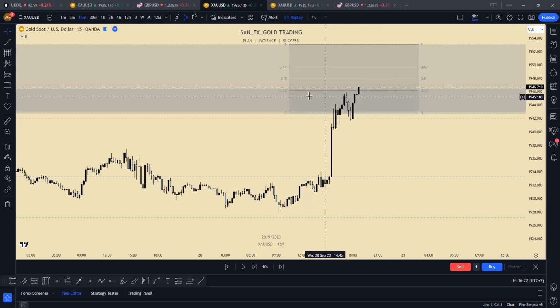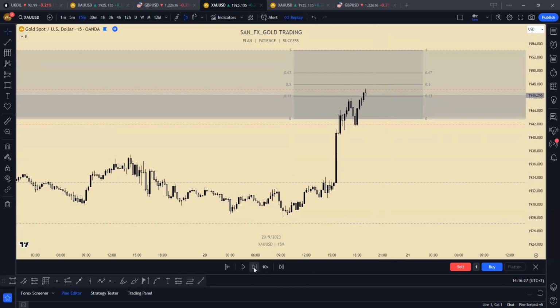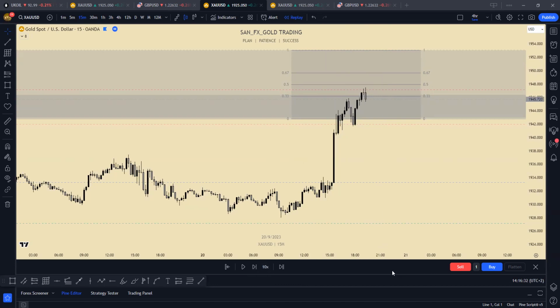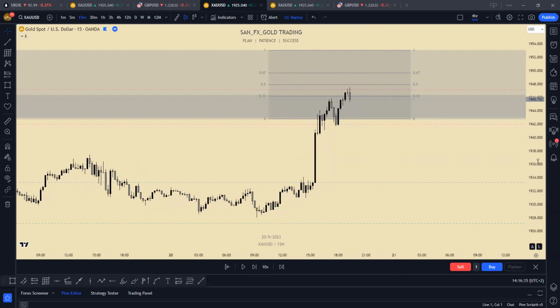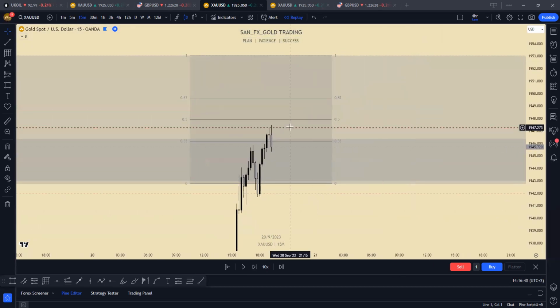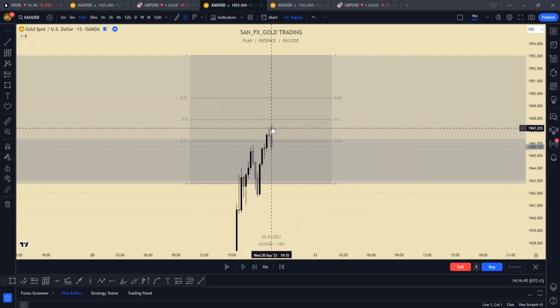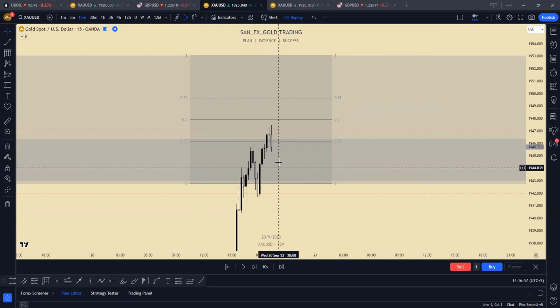This zone is useless. Let's see what's happening here. When I see a candle like this, deeper than 33, and this candle's high took the liquidity, took the previous candle's high, we can choose this as an entry candle.